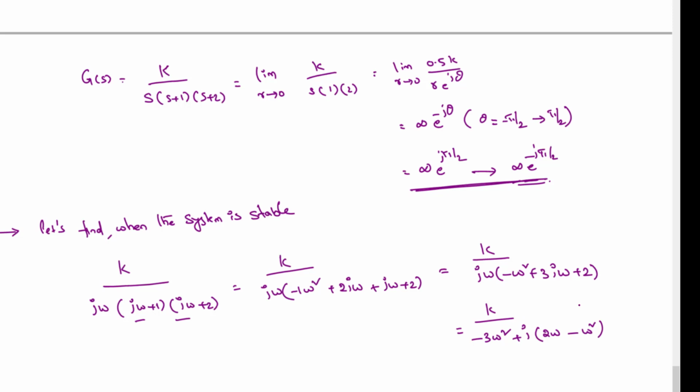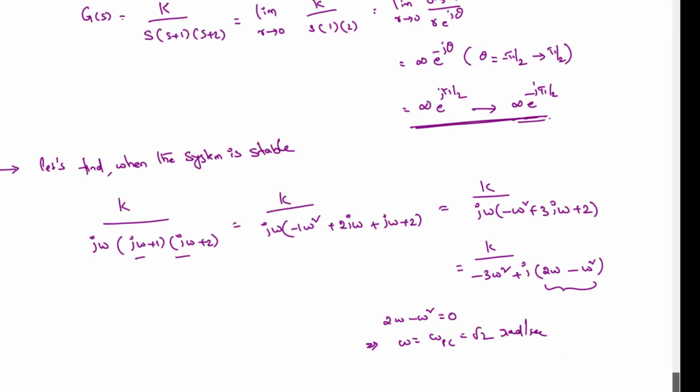So omega equals omega PC, the phase crossover frequency, which is root 2. Substituting root 2 in k by minus 3 omega square, wherever the real part is left, I get minus k by 6.